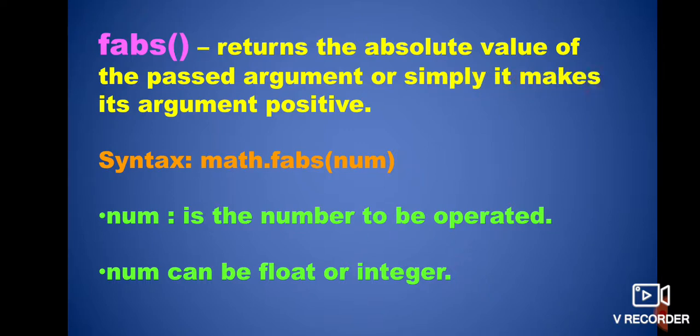So here is the number that you pass. It can be a floating point number or an integer number, and whatever number you pass, it will be converted into positive. So if it is already positive, it will remain as it is. No effect will come on this number.